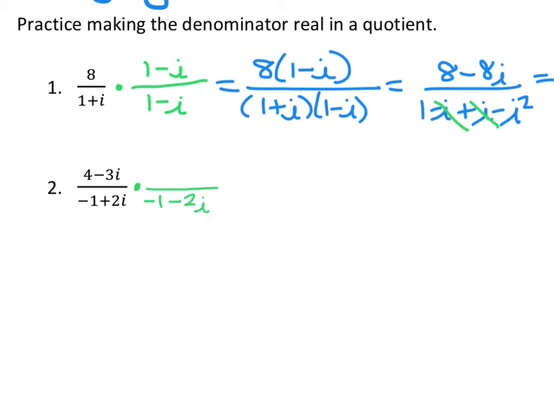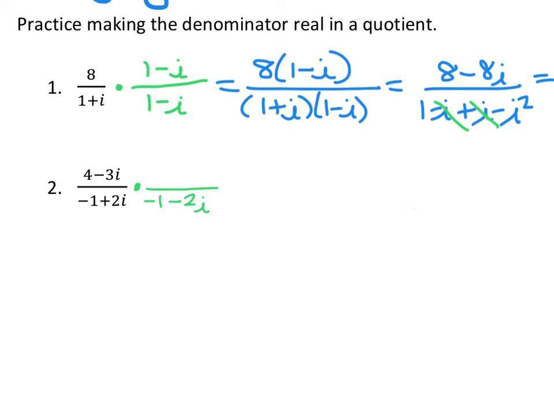I'm going to pause right here for a second. The consistent mistake that I see students do here is that they would multiply it by positive 1 minus 2i. That will not give you a real number. So it's important that you really understand what a complex conjugate is. Same real part, opposite imaginary.